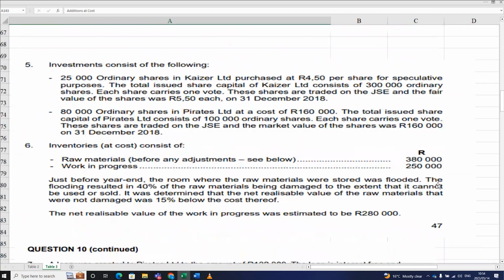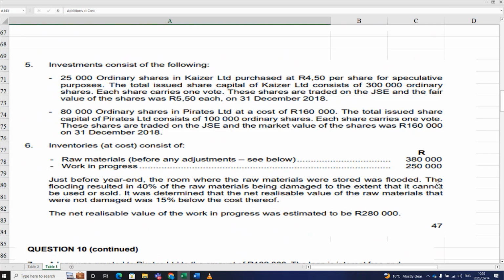Okay. And then investments consist of 25,000 ordinary shares in Kaiser Limited, purchased at 450 per share for speculative purposes. The total share capital of Kaiser consists of 300,000 ordinary shares.